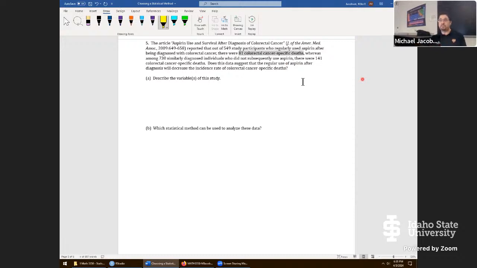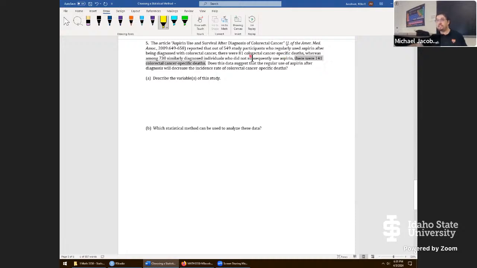This looks like a long-term longitudinal study where they were following people at one point of diagnosis with colorectal cancer, and then for many years until either they died naturally of old age or died due to their condition. Whereas among the 730 similarly diagnosed individuals who did not subsequently use aspirin, there were 141 colorectal cancer specific deaths.